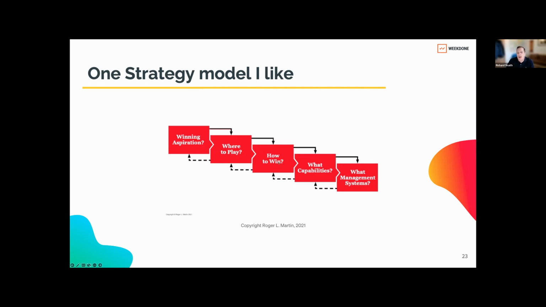Now, the strategy then needs to go into the future, so these are going to be aspirational for the future in the end. If we have those two, we can come up with a winning aspiration. And if we have those, we can think about capabilities and management systems.